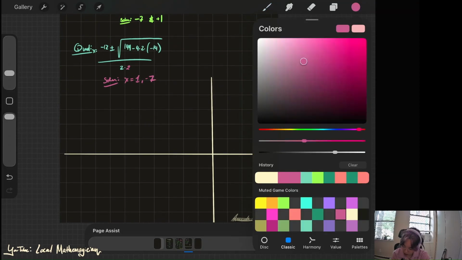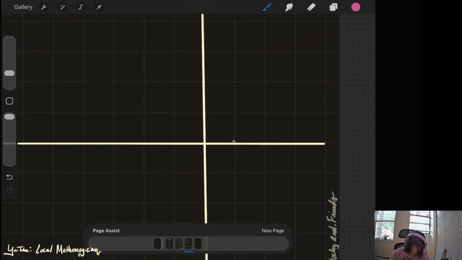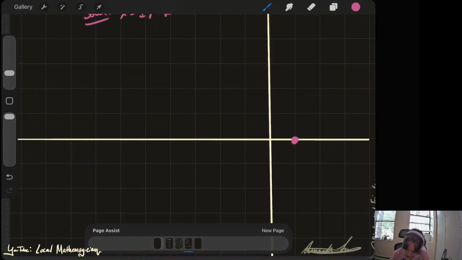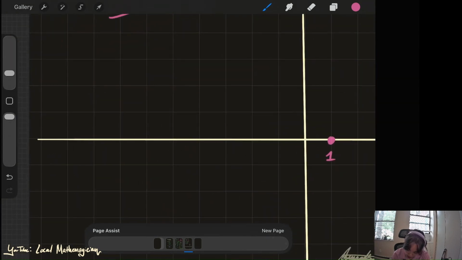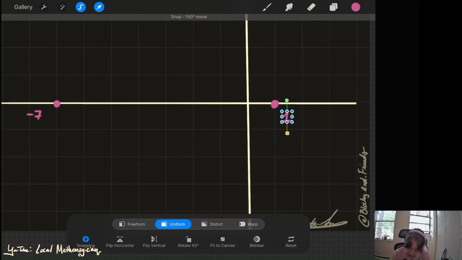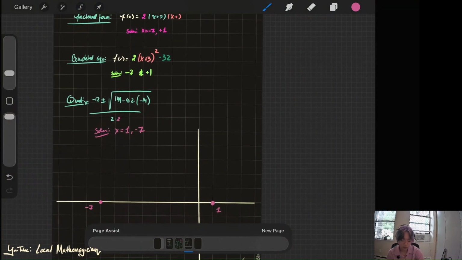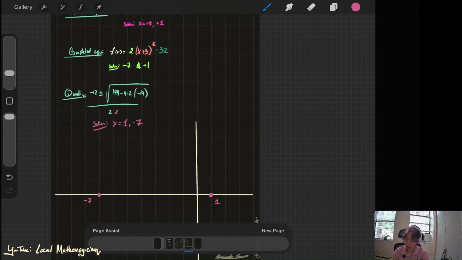The first zero is at positive 1, so let's put positive 1 right here. Your second zero is at negative 7, so 1, 2, 3, 4, 5, 6, 7, just like that. You can get this based off of either quadratic form or factored form.